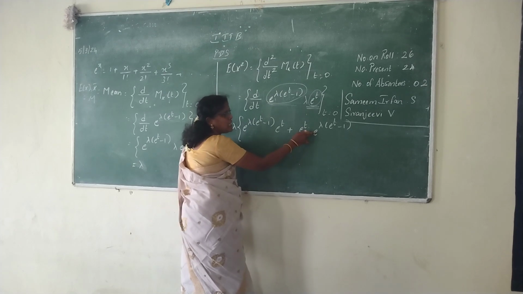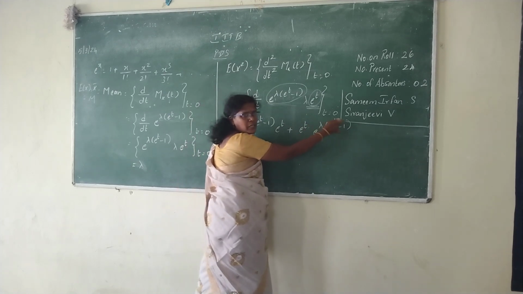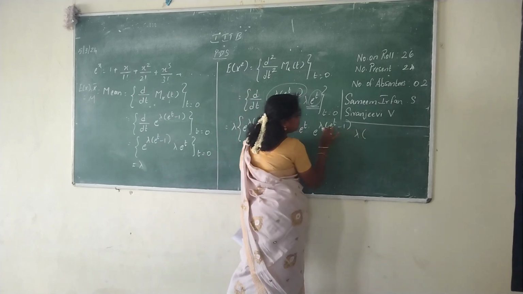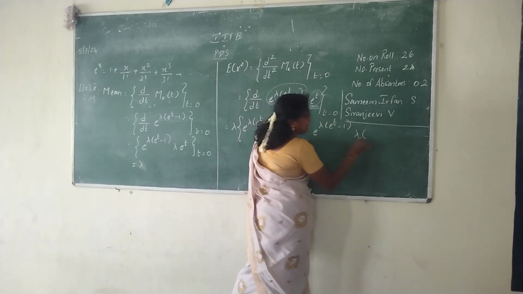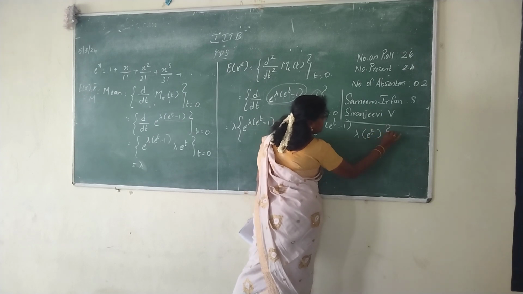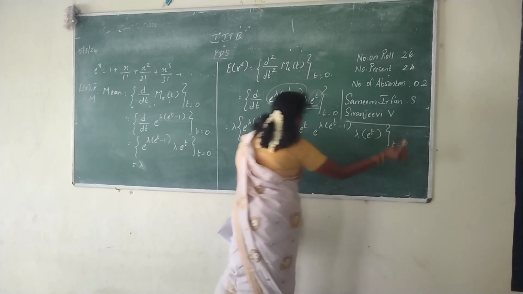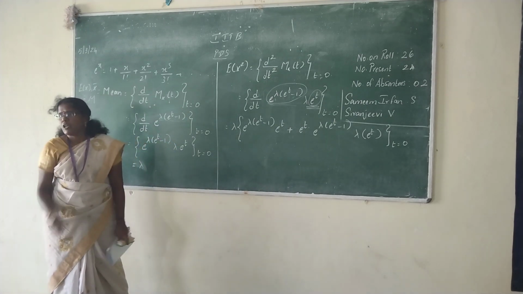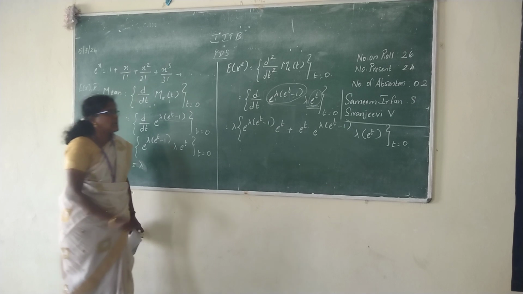We differentiate only for the exponential. Now we differentiate again for the power. So lambda will remain as it is. What is the differential of e power t? E power t. So everything is within the condition t equal to 0.